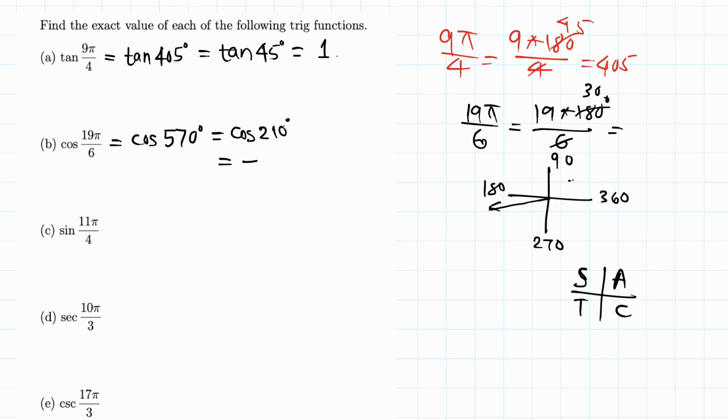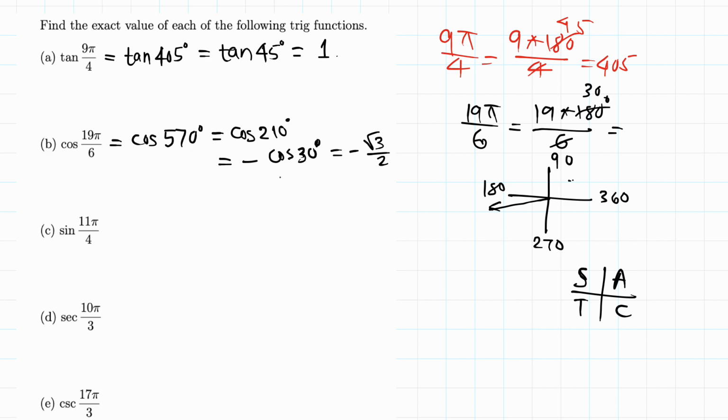This is bigger than 180, so subtract 180 from this one. So that's cosine 30. So 30 degrees is the reference angle, and we already used the correct sign, negative. And cosine 30, we know that is root 3 over 2.